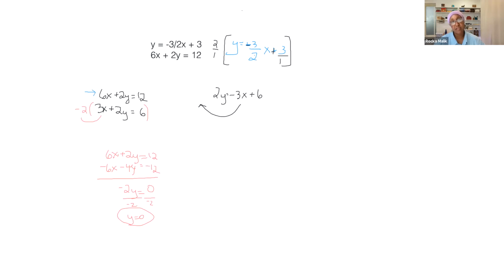So I have 6x plus 2 times 0 equals 12, which gives me 6x plus 0 equals 12. And divide both sides by 6. And I have x equals 2.